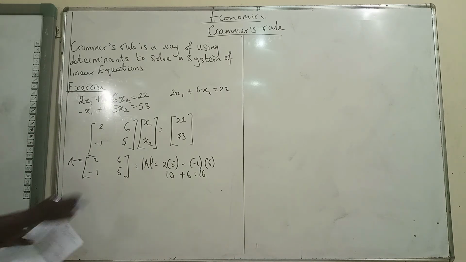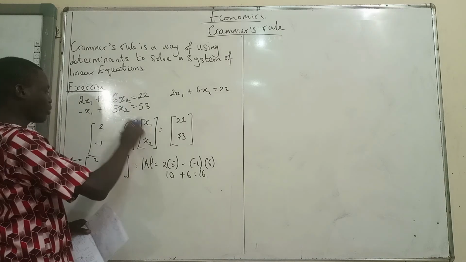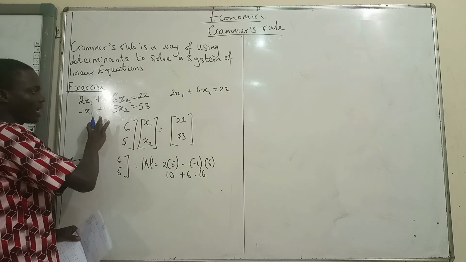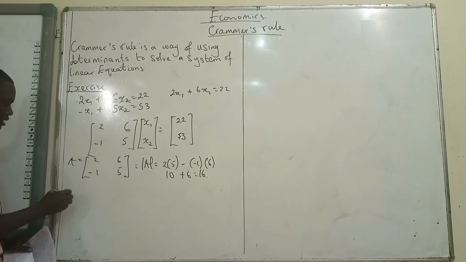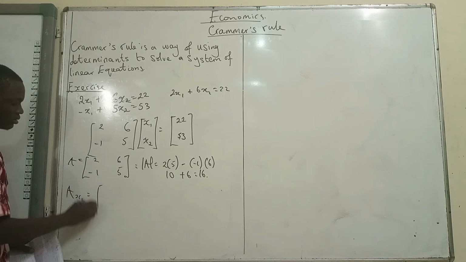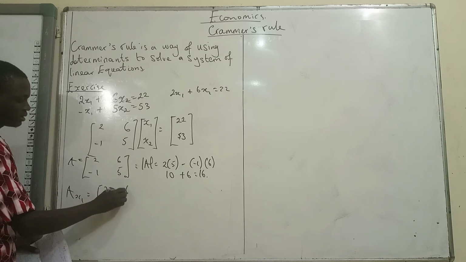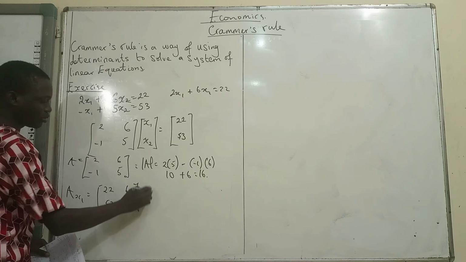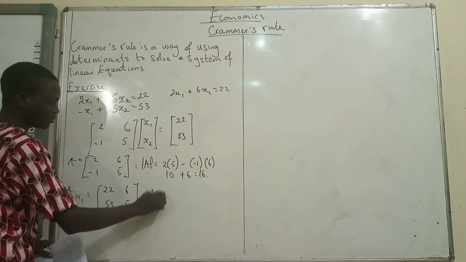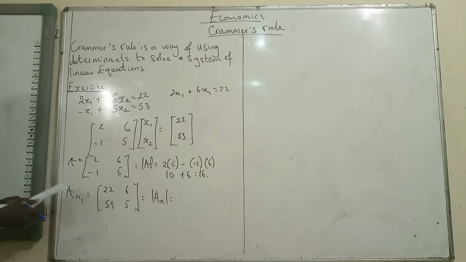Now, to get x1, we are going to eliminate this column and replace it with what is here. I'll call that matrix A x1, and that will be 22, 53 here, and then 6, 5. We leave what is here. Then the determinant of A is 16, right?